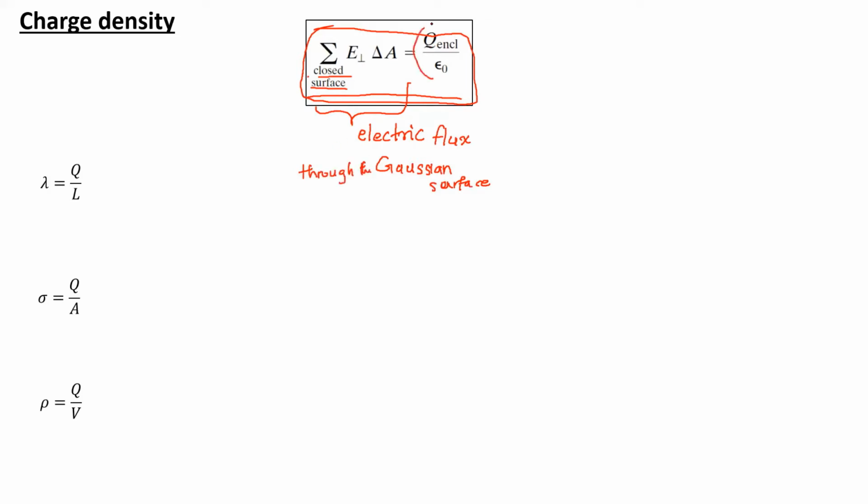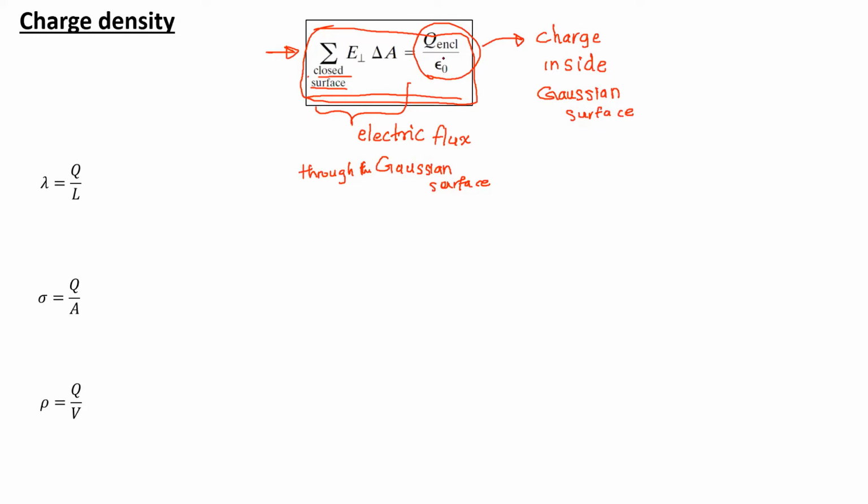So the part right here is the charge inside your Gaussian surface.